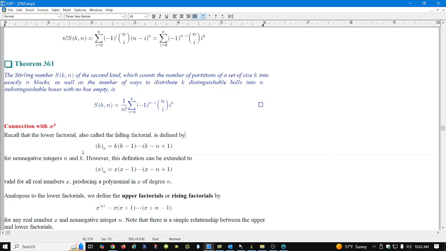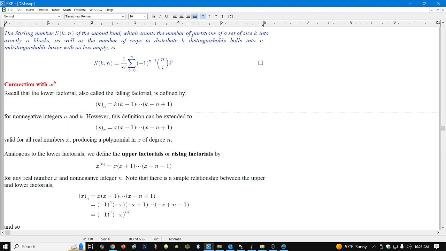And we defined this for non-negative integers n and k. But this definition applies equally well to any real number in place of k here, not n, but k. So if I call that number x, x lower factorial n is this product.